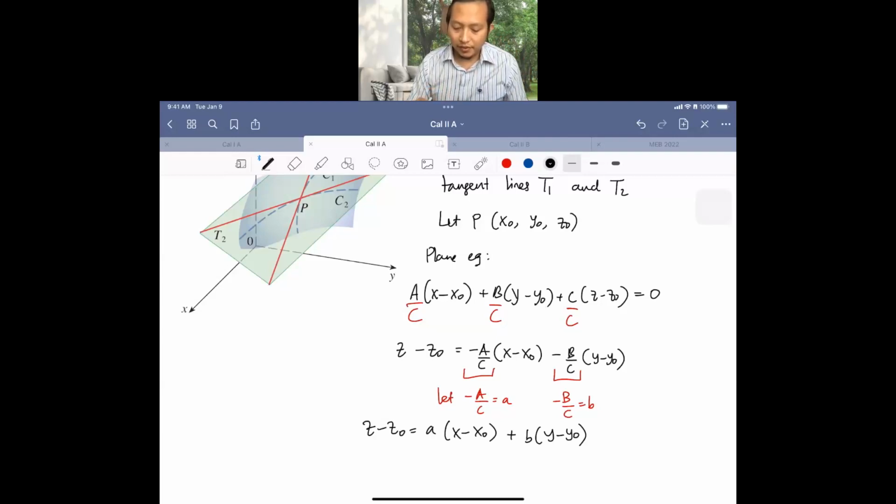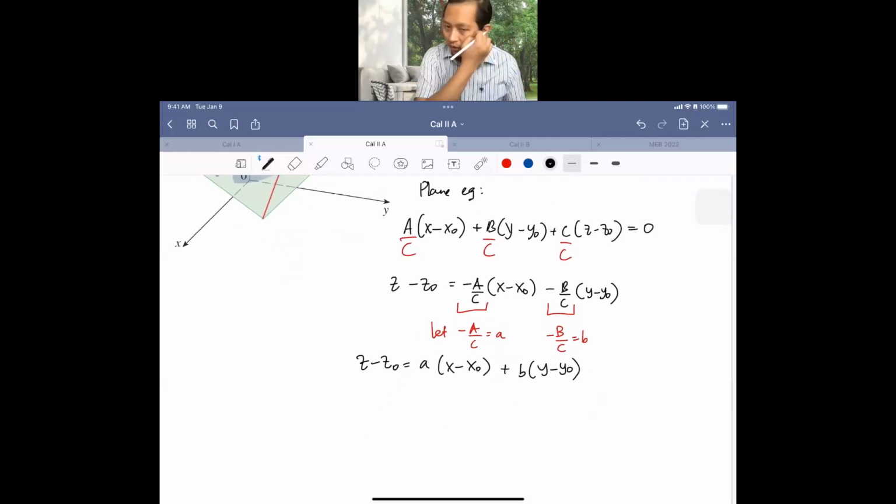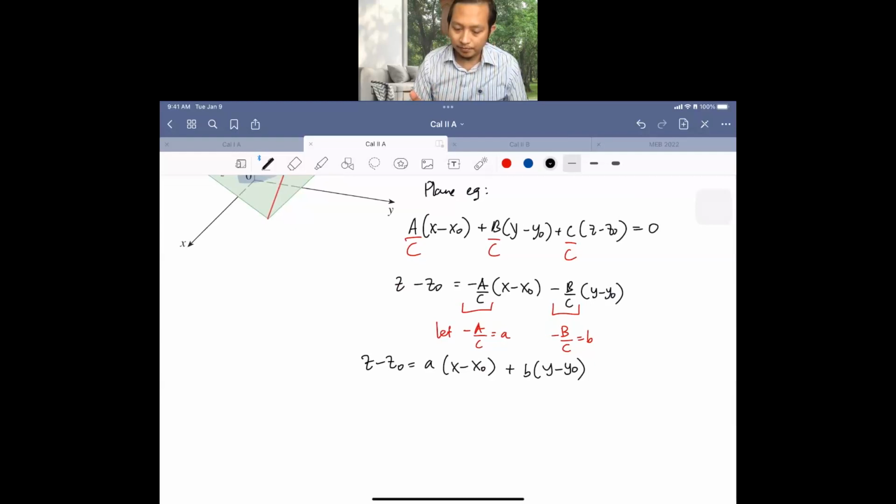Now to simplify, what we are doing here is, if y equals y0, then at this certain plane, I hope you still remember the plane that we talked about before when we dealt with the limit and the partial derivatives.